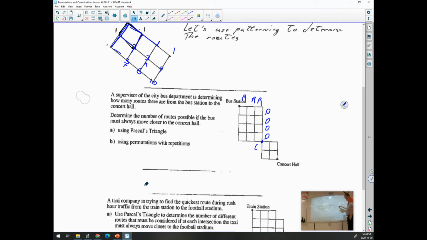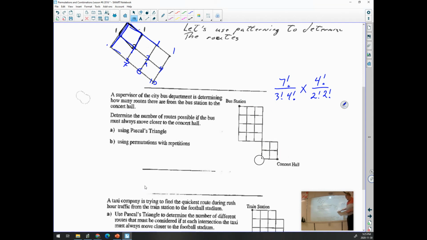We have to go right 3 times and down 4 times in some order to get to point C. We also have to go right twice and down twice to get to the concert hall. So what we have here is 7 factorial over 3 factorial, 4 factorial, times 4 factorial over 2 factorial, 2 factorial. You can use this process in this situation because it passes through one point.